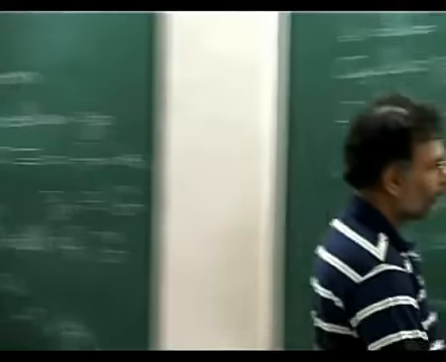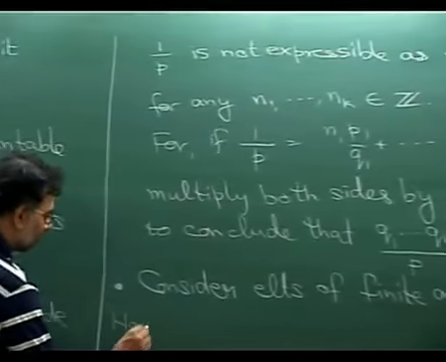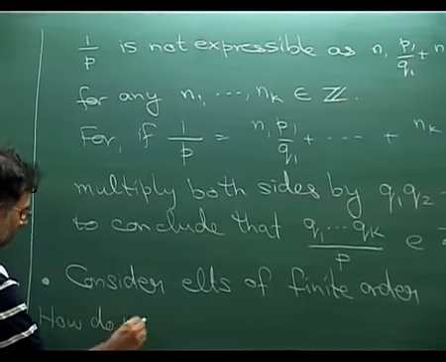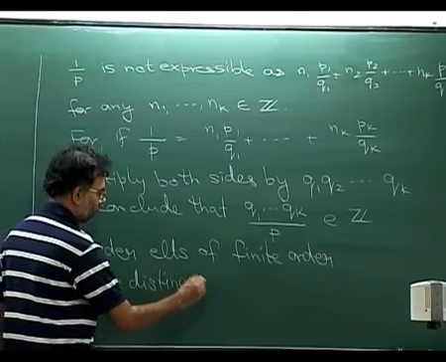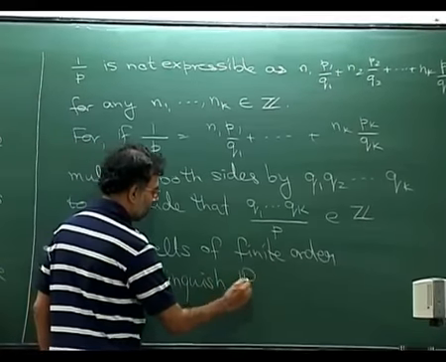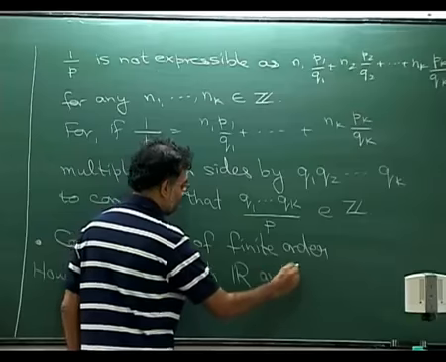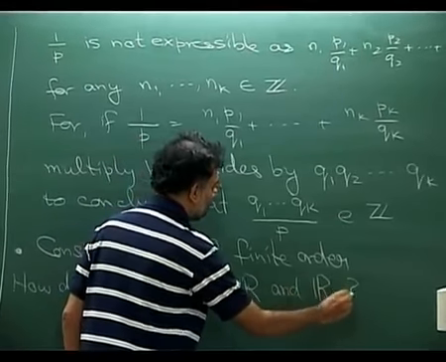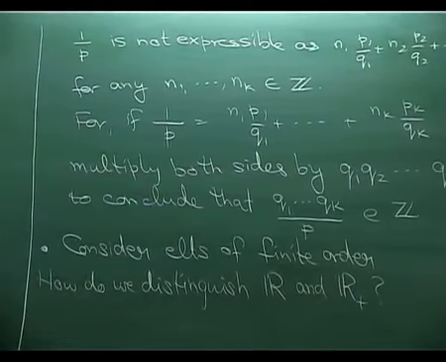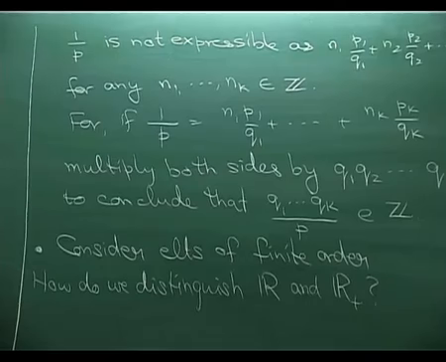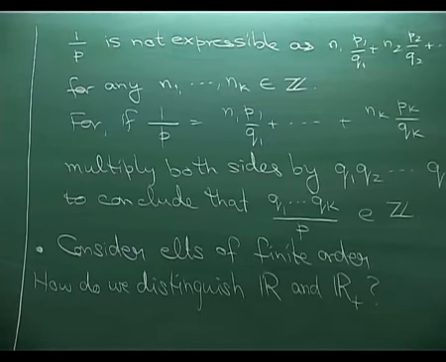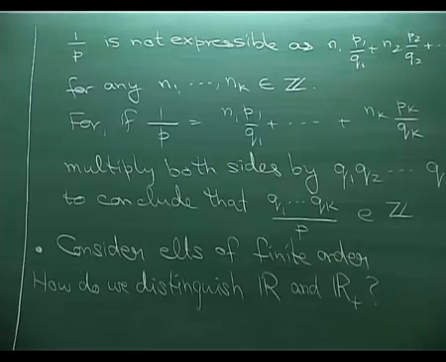So how do we distinguish? Can we distinguish R and R plus? Are they the same group? One is positive real numbers under multiplication, the other is real numbers under addition. So are they the same group or are they different?